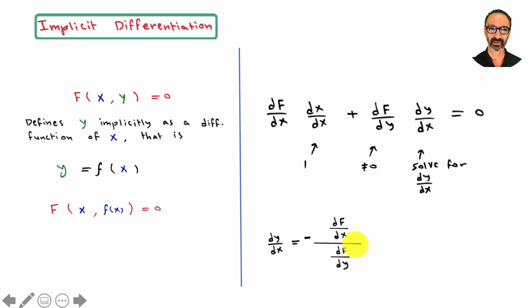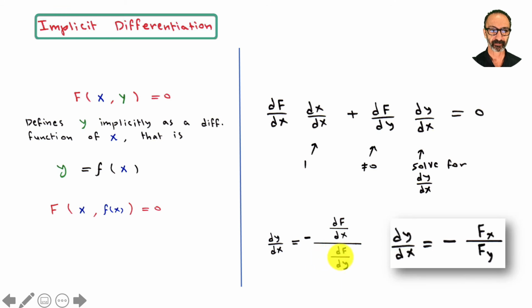It looks like this. It's kind of too much to look at, so here's a simple form for it. dy dx equals negative capital F with an index x, that's df dx, over capital F with an index y, that means df dy.